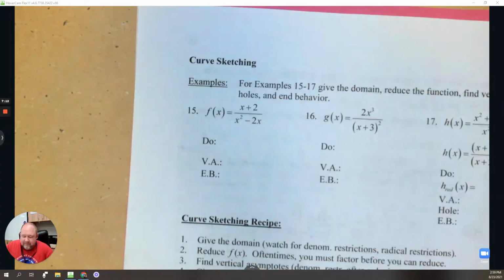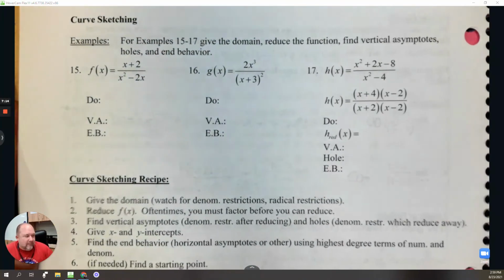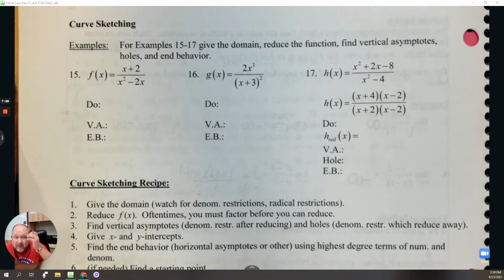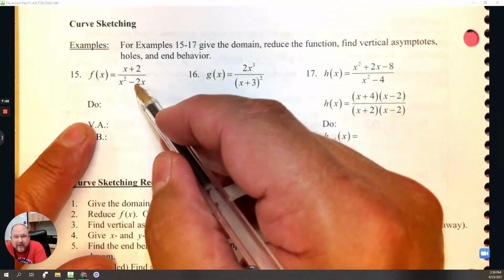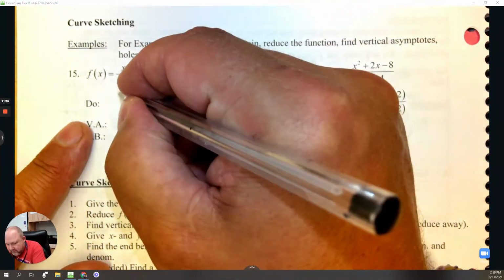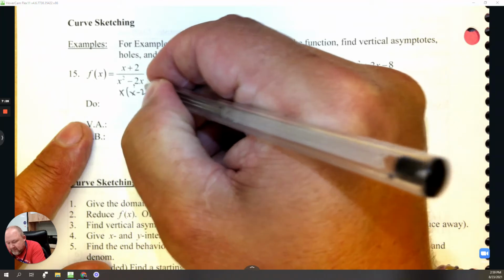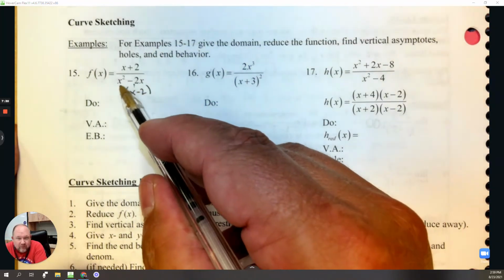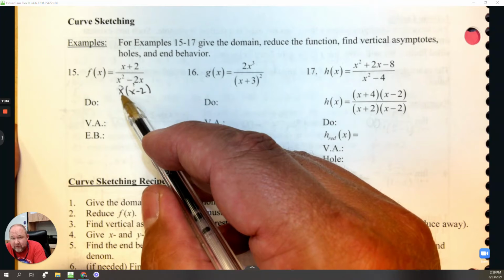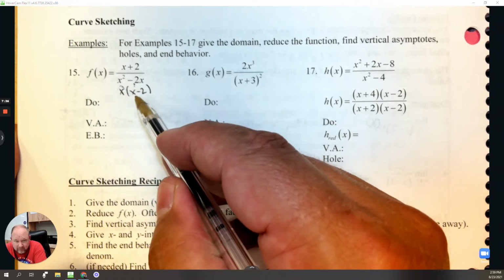All right, some graphing. So if I look at number 15, 16, and 17, I want to graph these. So first I want to be able to analyze it. What's the domain here? So if I factor out the denominator, you get x subtract 2. So the two numbers that x cannot be that make a 0 in the denominator are 0 and positive 2.